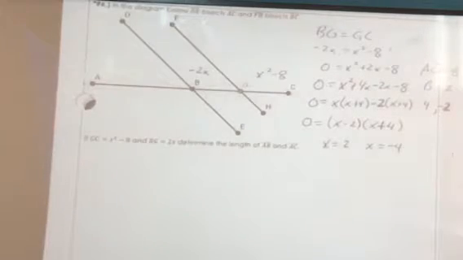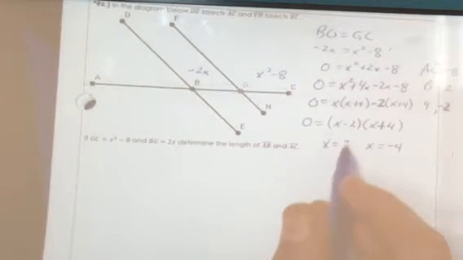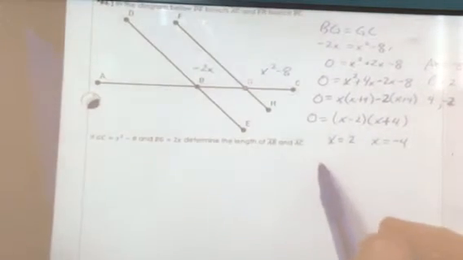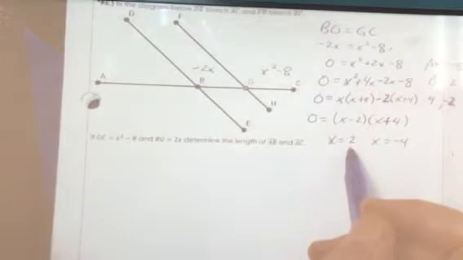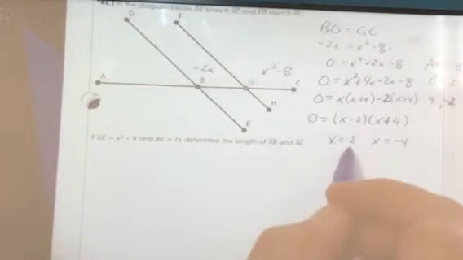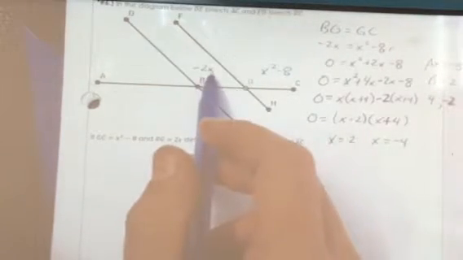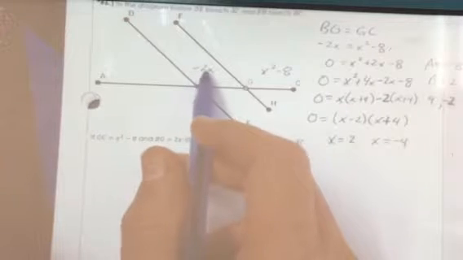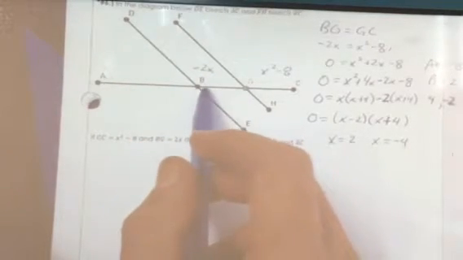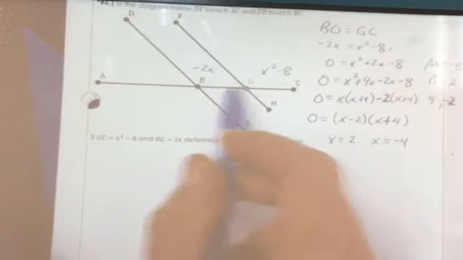So now we have to think about which of these solutions can we use in the problem. So we say, well, can we use x equal 2? And here we find actually no, because if we substitute x equal 2, we have negative 2 times 2 is negative 4 for BG, and BG is a length.